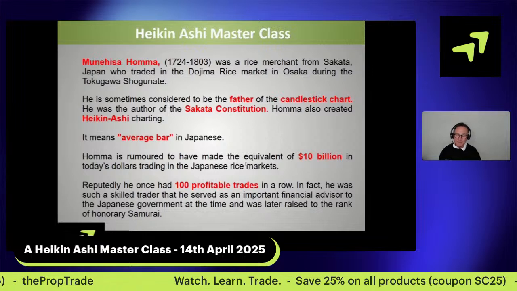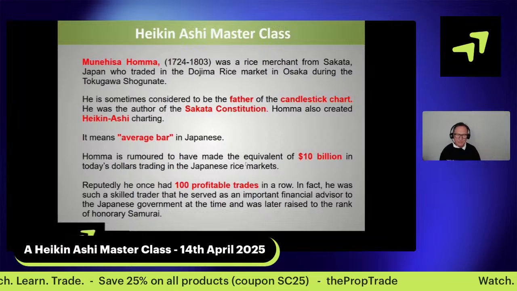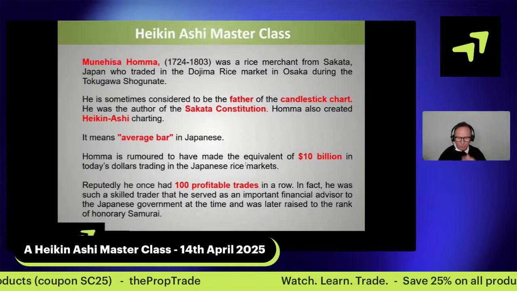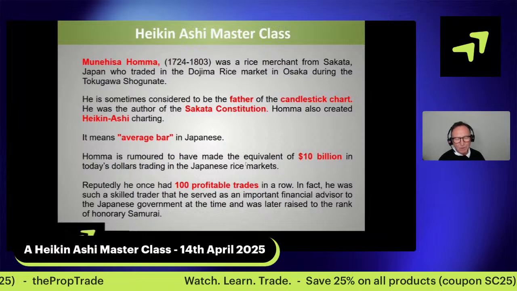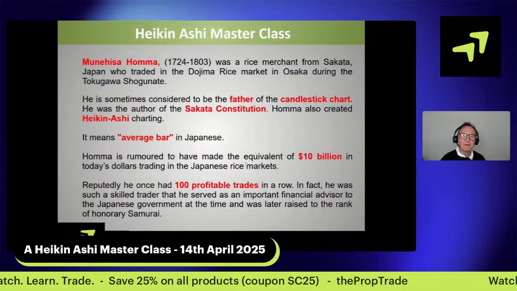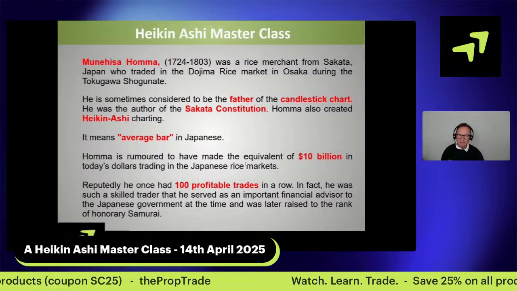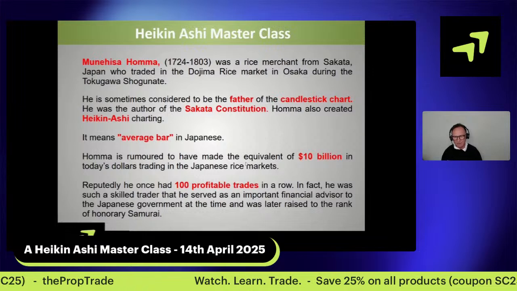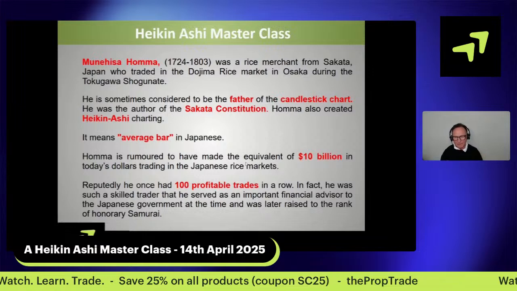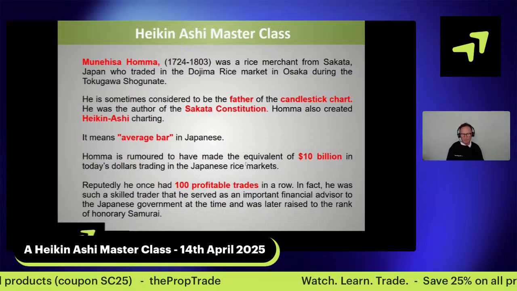Japanese society back then was very, very rigid. It was very structured, and everybody sort of knew their place. But because of his skill as a trader, he became a very significant financial advisor in Japanese culture, and particularly to the Japanese government. Later in his life, he was elevated to the very significant position of honorary samurai.